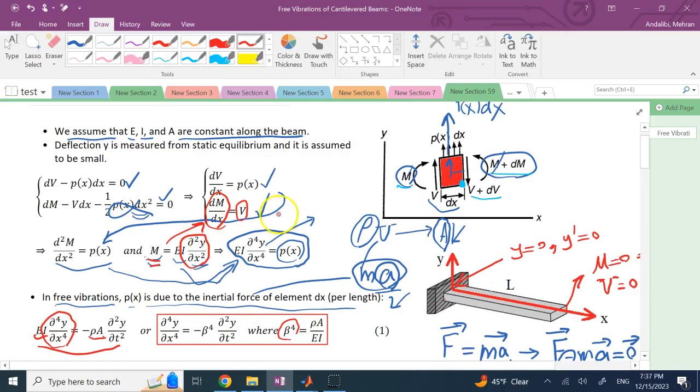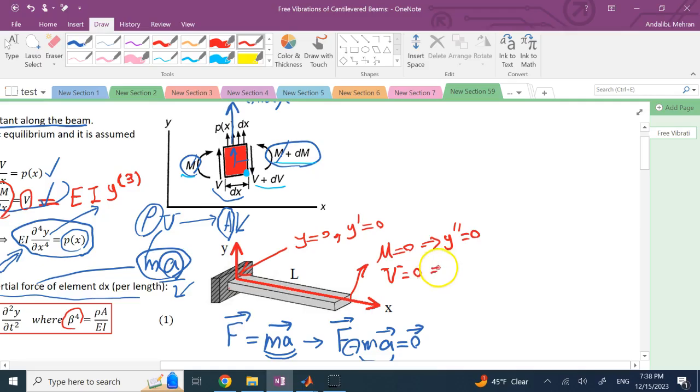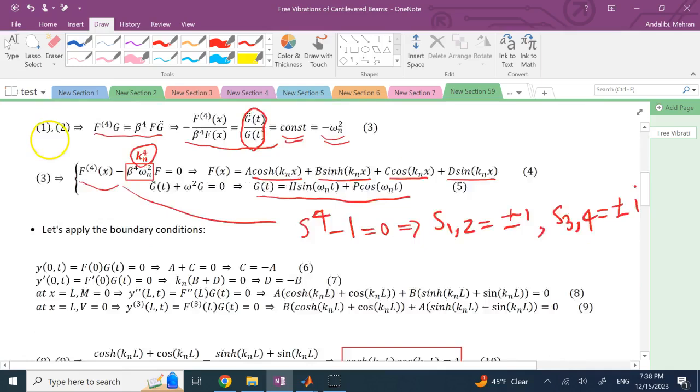If you plug this m up here, v becomes EI and then y third derivative. And so when v is 0, that means the third derivative of y has to be 0 at the free end. And these are exactly what we have down here.